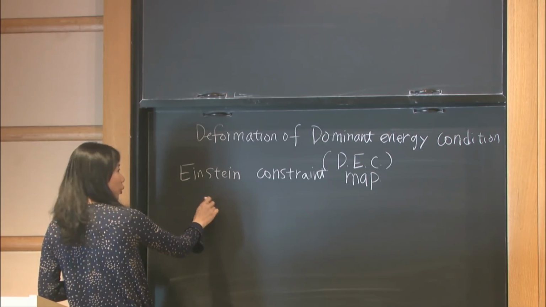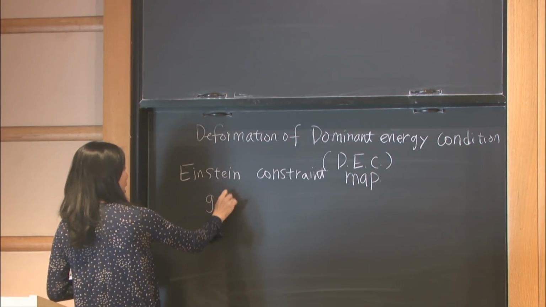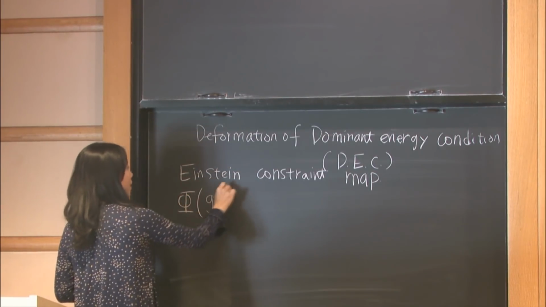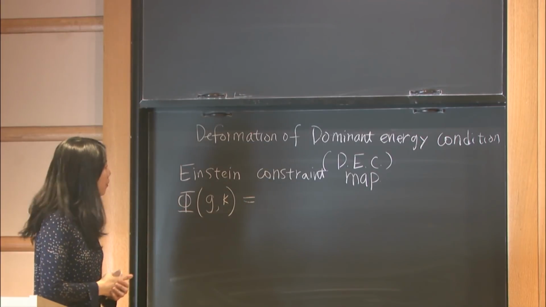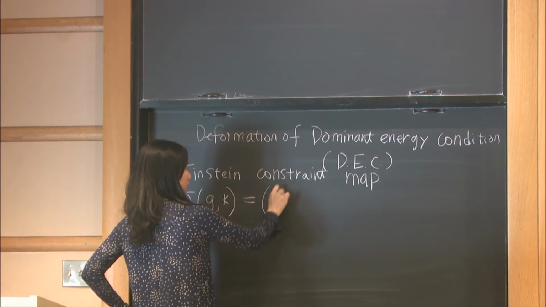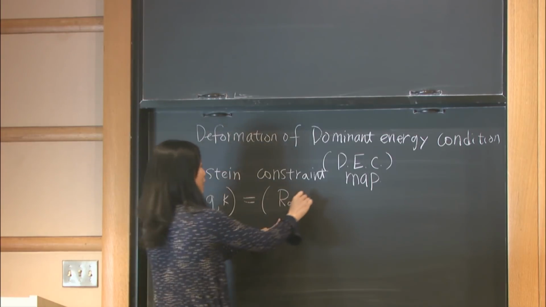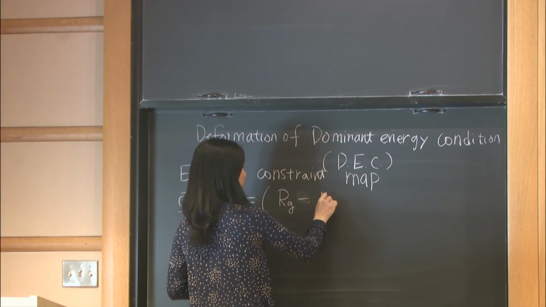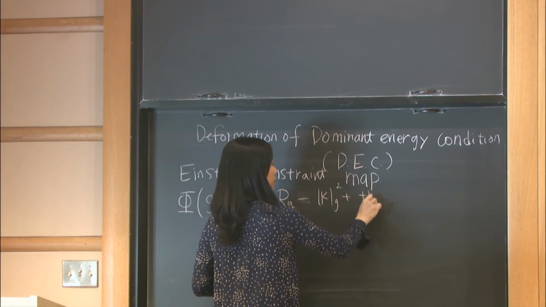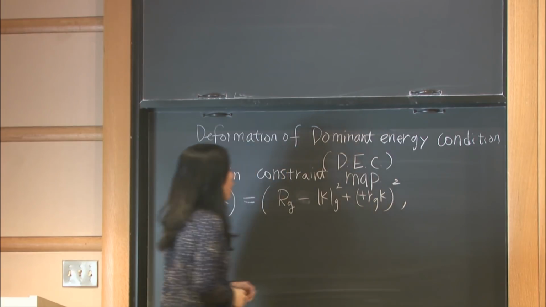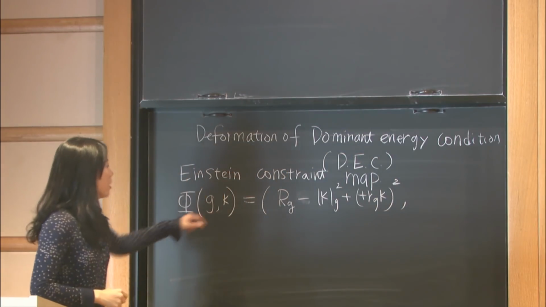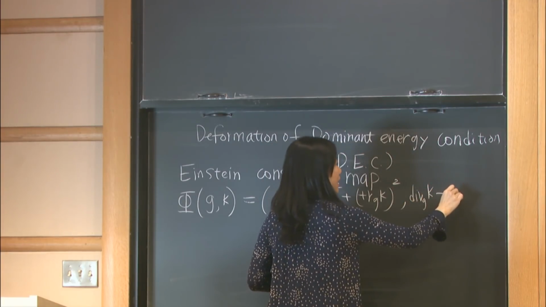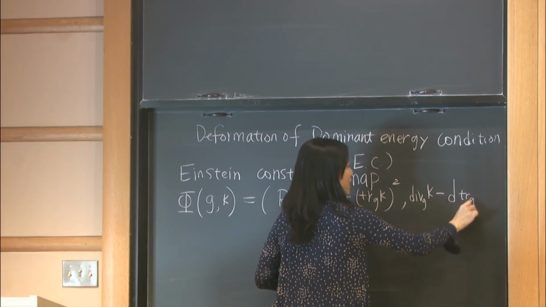So given an initial data set g and k, this map, denoted by capital Phi, will send it to a tensor value, in which the first component has the scalar curvature inside, but there are also other terms given by k. And the second component is the divergence of k minus the derivative of the trace of k.